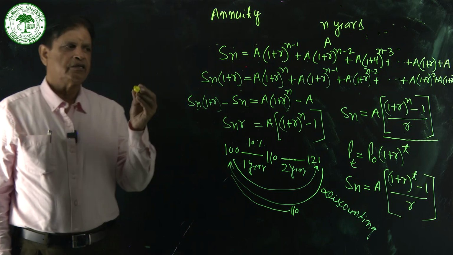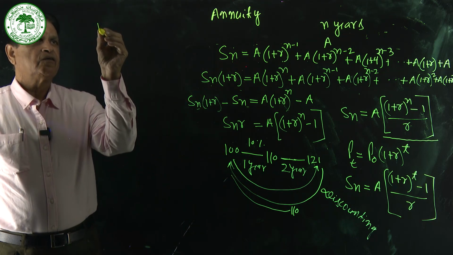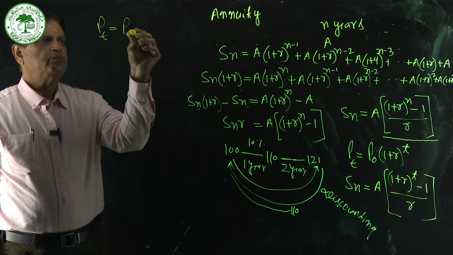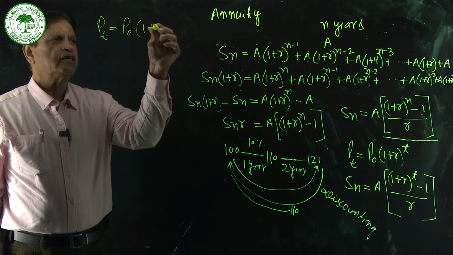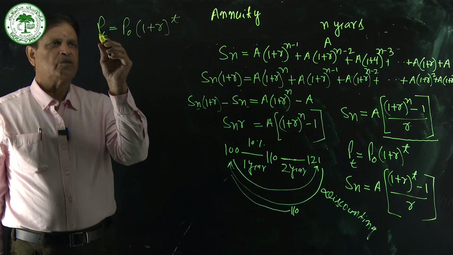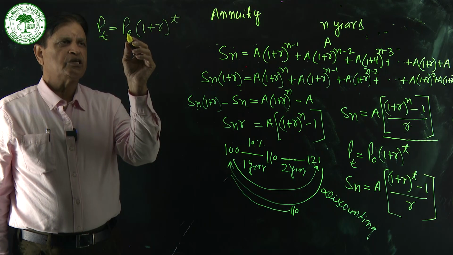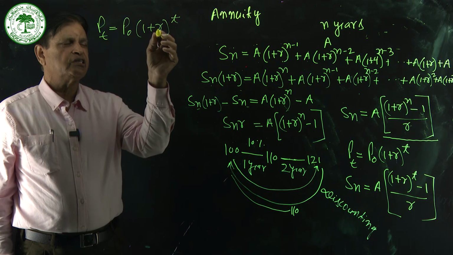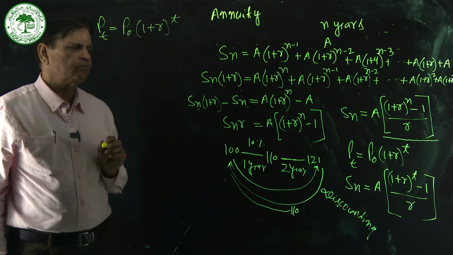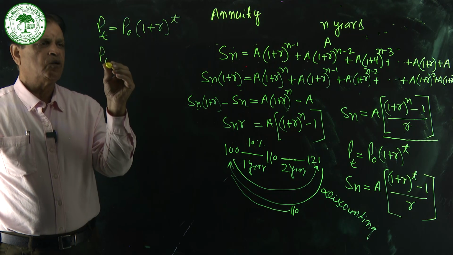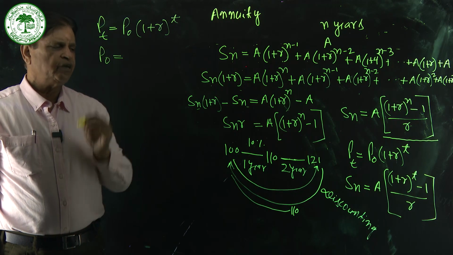How to do that? I'll write it here. We have told you that Pt is equal to P0 (1 plus R) raised to the power t. Pt is the amount that you will get after t years. P0 is the initial deposit, that is the principal amount that we are depositing. R is the rate of interest, t is the number of years here. So we can find the P0. P0 is the present value.